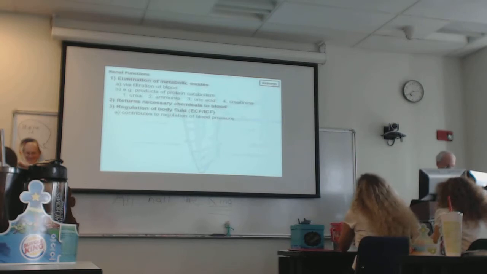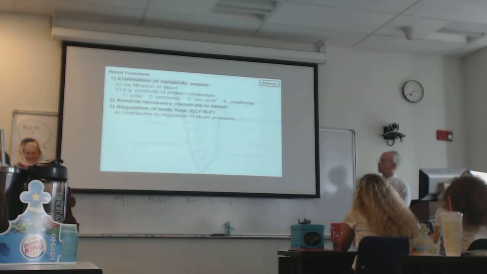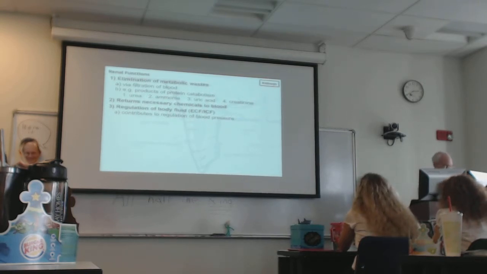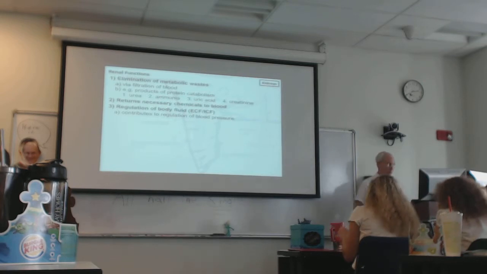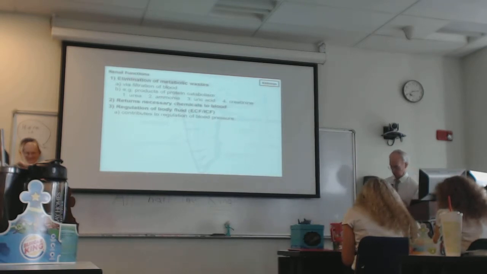The kidneys play a very important role in filtering your blood at a very high rate. At about any given time, about 20% of the blood in your body is passing through your kidneys. Filtering that blood and processing that blood, much like the liver, but in a rather different way, for agents and substances that need to be removed from the blood because of the possibility of toxic accumulation.